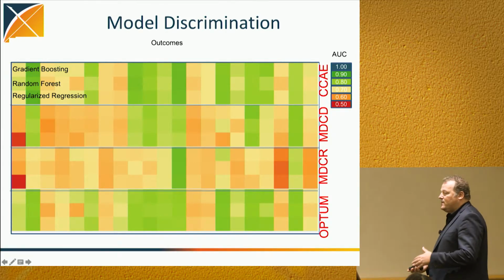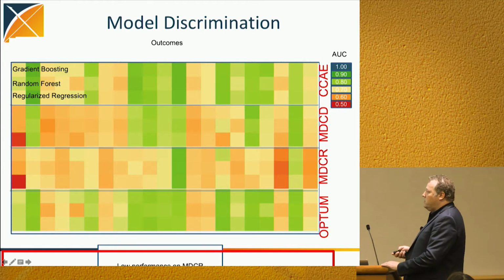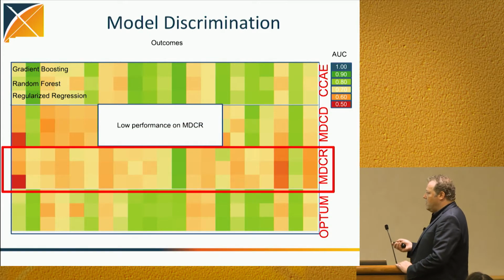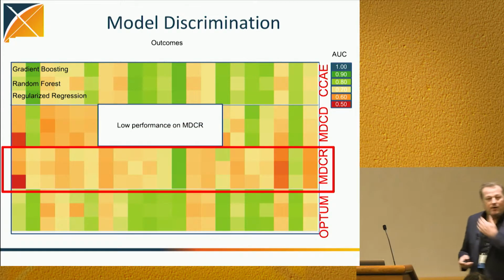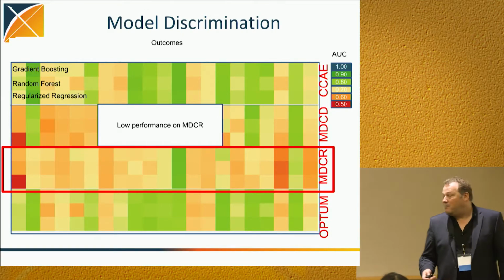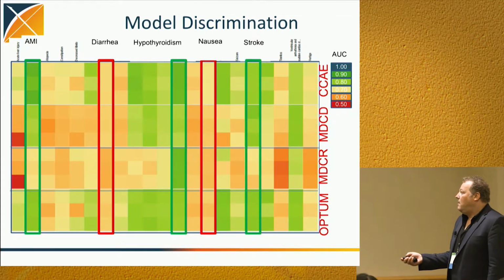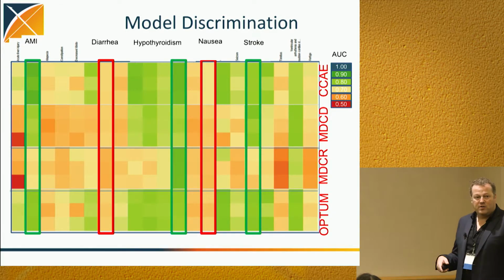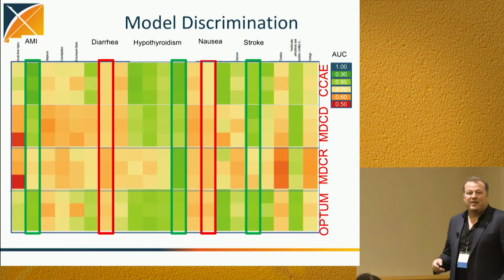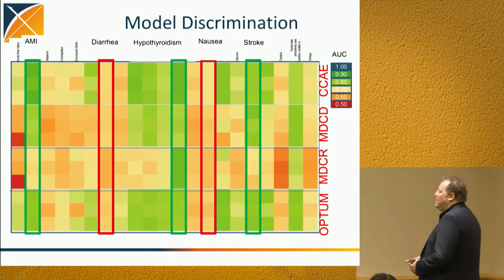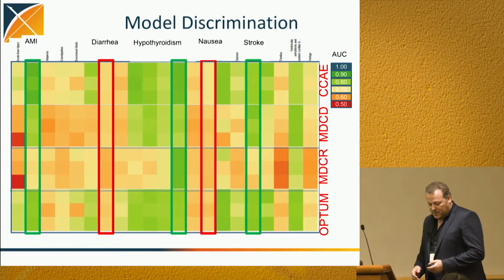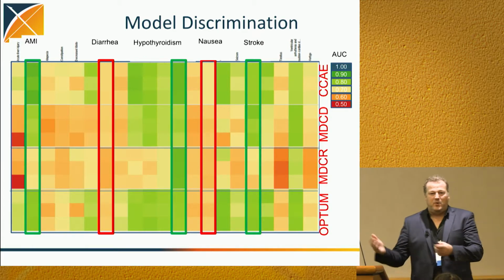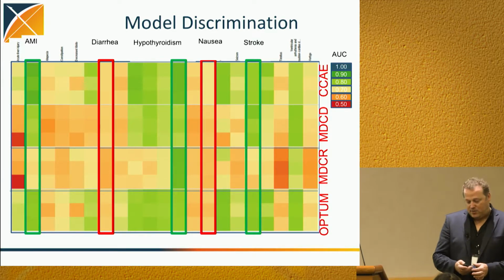And there are a lot of interesting things to see in these plots. For example, in MDCR, we are not able to predict very well here. Older population can be one of the reasons. We also see that some of the outcomes we are able to predict very well across all the data sets, and some we cannot. And I think that's also interesting information because that could help us prioritize which of the outcomes we would like to go for.